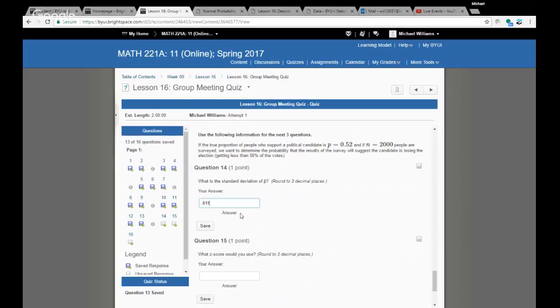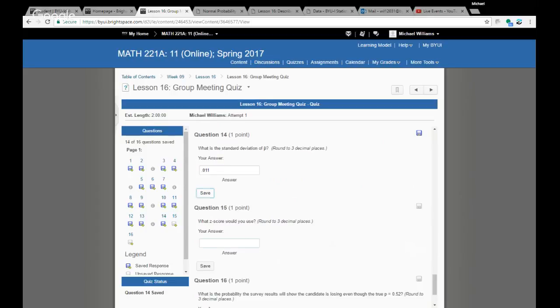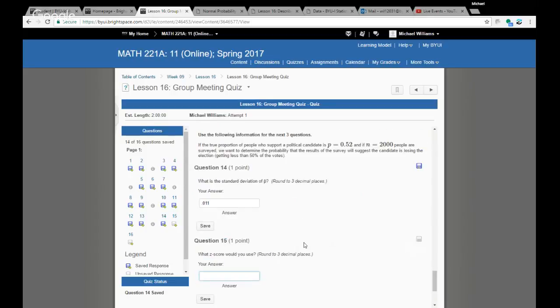What z-score would you use? So now we're back to the z-score question, which again is going to be the value minus the mean divided by the standard deviation. Our value is getting less than 50% of the vote, so our value is going to be 0.50.